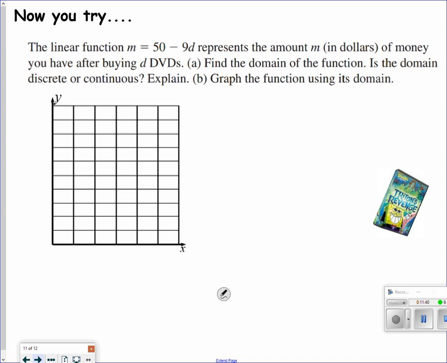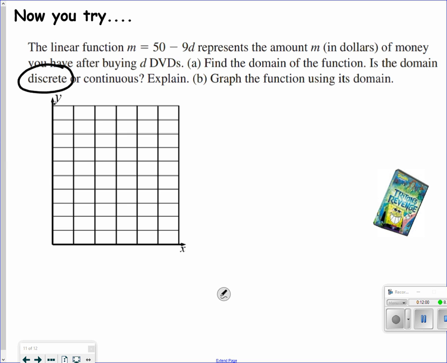And we're back. The linear function m equals 50 minus 9d represents the amount of money you have after buying DVDs. Find the domain. Is this domain discrete or continuous? Well, can you buy part of a DVD? The answer to that question is no, so then it must be discrete, individual points.